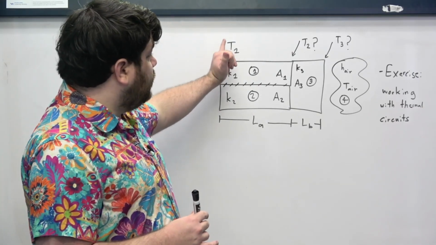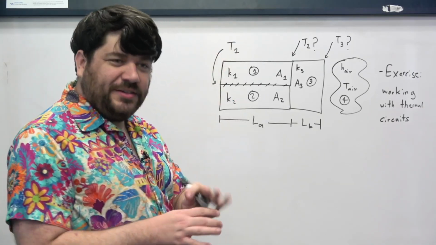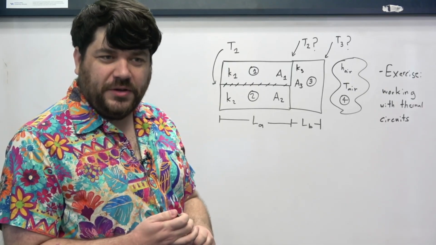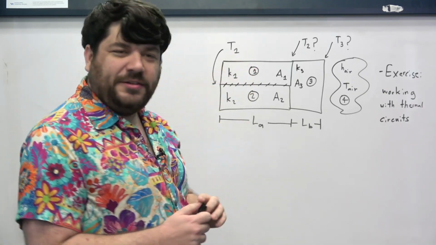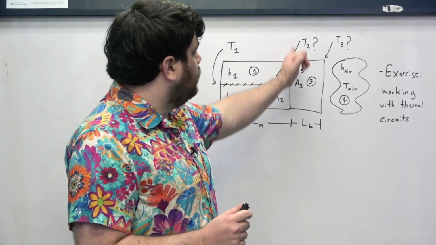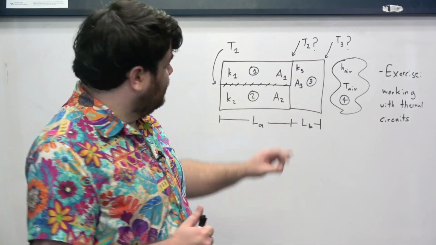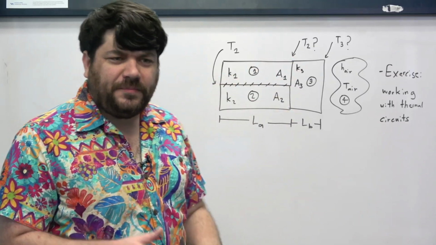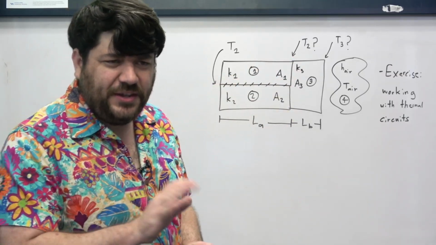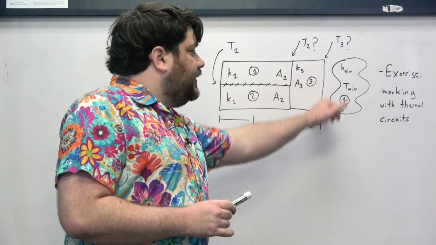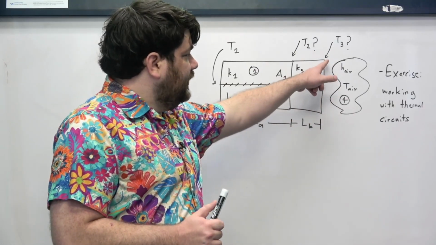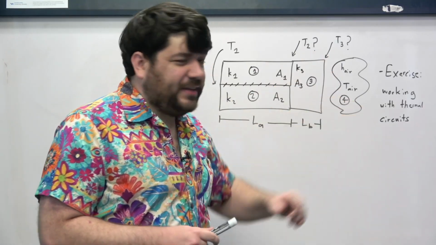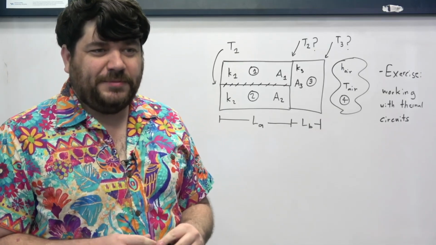We are also going to assume that the temperature everywhere here on the left side of both of the walls is some temperature T1. Same on the right-hand side. So even though these are different materials, we assume that the temperature on the right-hand side of these slabs is T2. And then we also assume that this temperature is T3 and that the air has some temperature, T air.